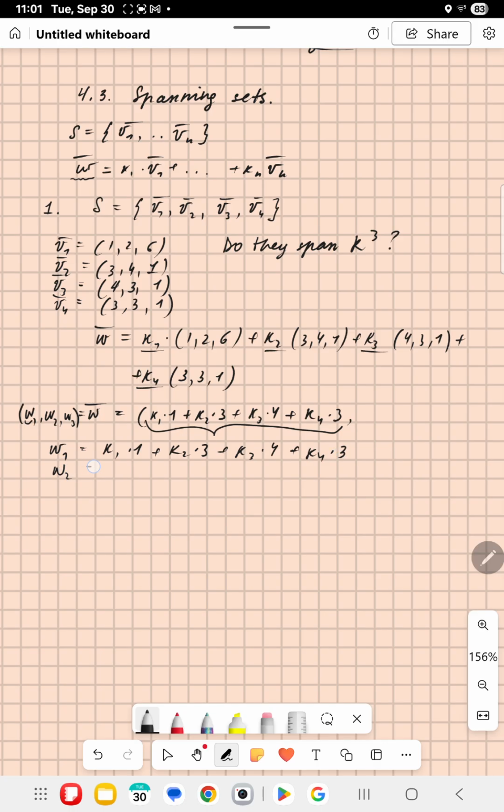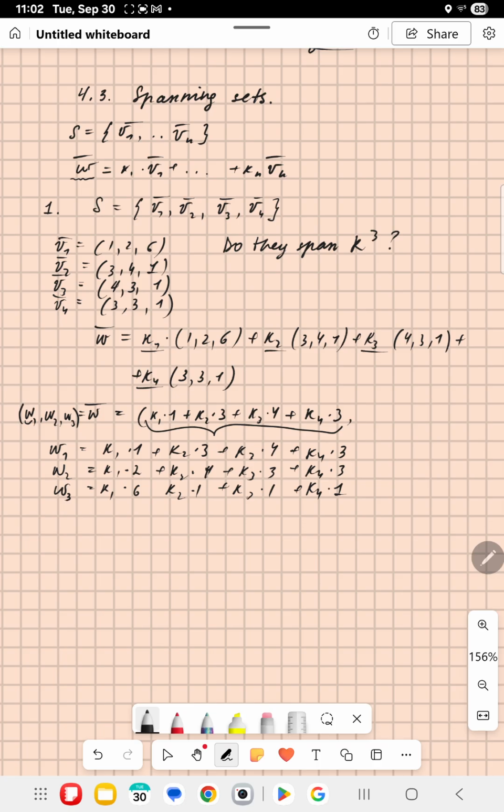What's supposed to be w2? Well, the y components, right? So it's k1 by 2, k2 by 4, k3 by 3, k4 by 3. And w3 is supposed to be k1 by 6, k2 by 1, k3 by 1, k4 by 1 again. Well, we have all the ones for 3.